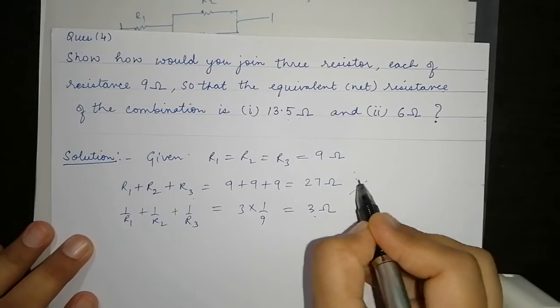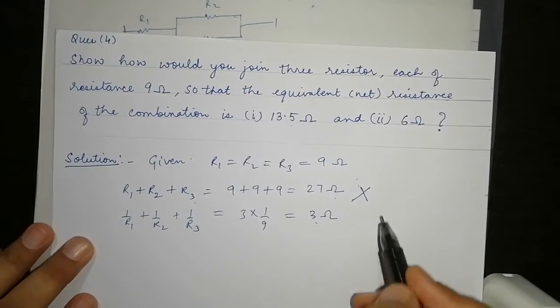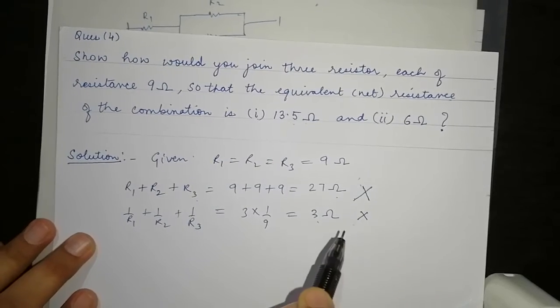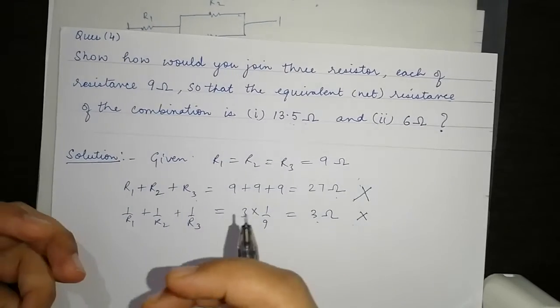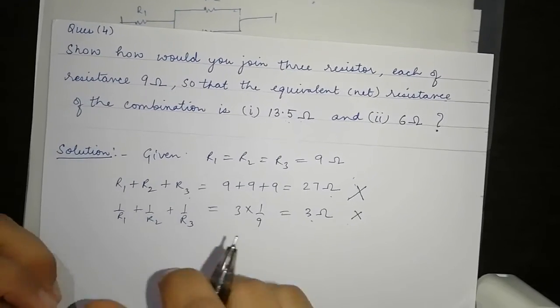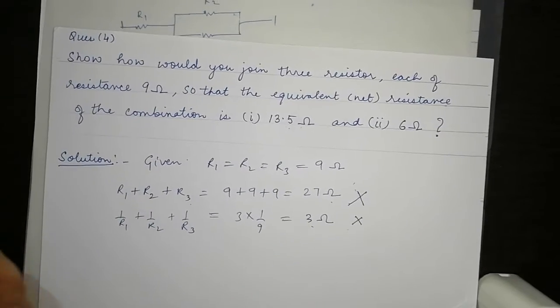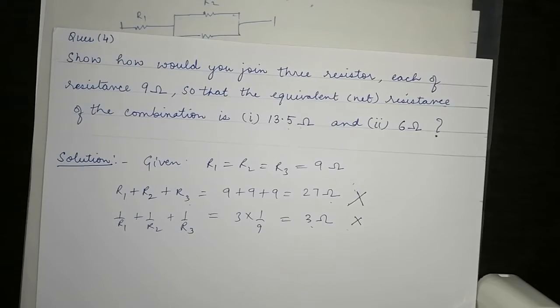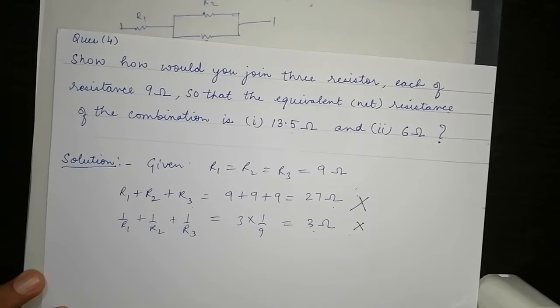So neither are the resistances all in series nor all in parallel. It means at least two resistances should be in parallel and then in series, or at least two resistors should be in series and then one in parallel.